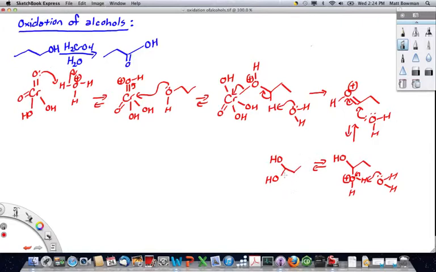Yields this molecule with two OHs attached to the same carbon. This is referred to as a hydrate, or a gem diol, which is short for geminal diol.